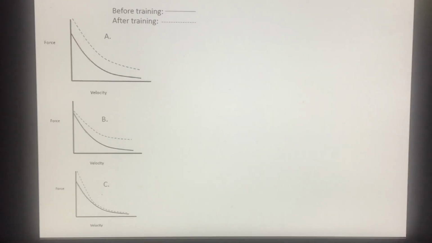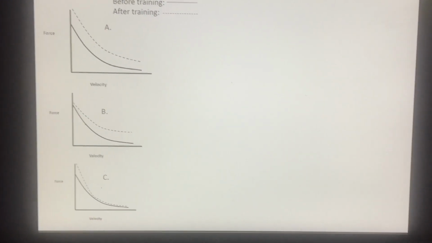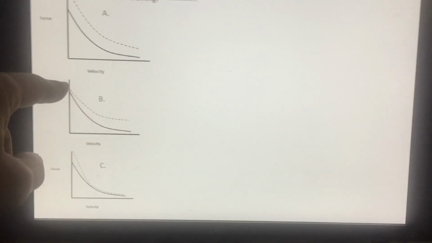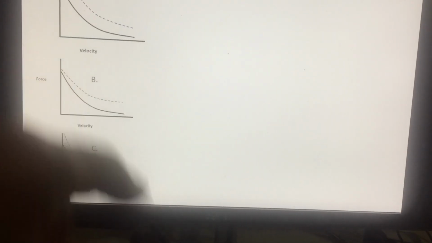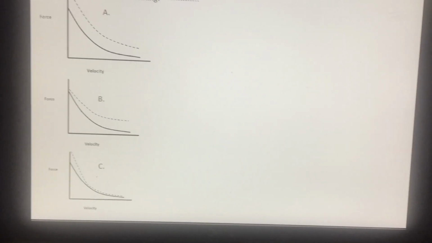So the correct curve to pick from these choices is curve number B. So you're training out here at those fast velocities, and that's where your force output is going to increase. That's the dotted line, after training. And this is what's required in a lot of sports, and that's why some fast velocity training would be good in the weight room.